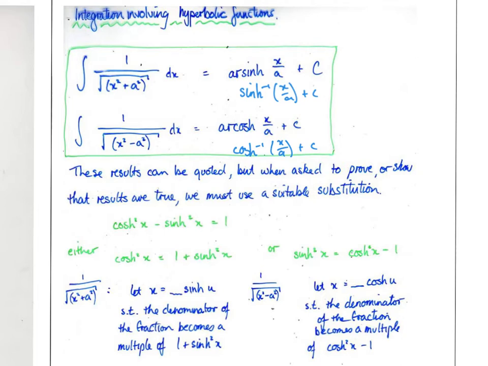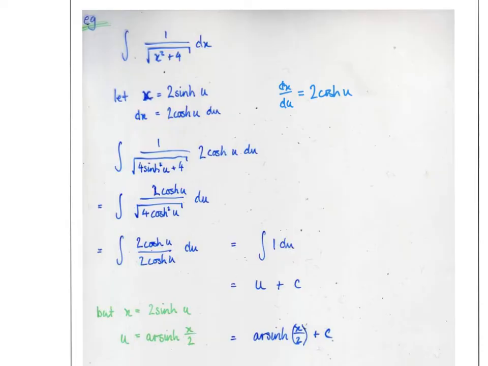So let's have a look. First thing first, 1 over x squared plus 4. You're asked to integrate this. It's in a further maths paper, so it's going to be something along these lines. And we should know that the root of x squared plus a squared is going to give me an inverse sine answer.